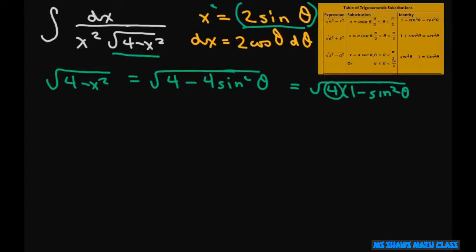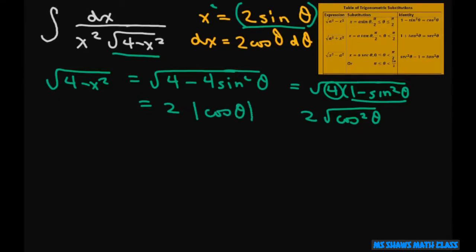You can bring out the 4, that's going to be 2, and this is going to be cosine squared. That's your identity. And so this is going to equal 2, and the square root of a square is just the absolute value of cosine of theta.